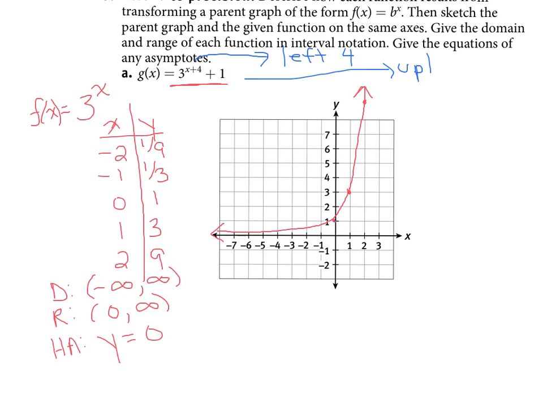So I'm starting here, 1, 2, 3, 4, and up 1. Left 4, 1, 2, 3, 4, and up 1. Even that one, but that would be off the screen. What else is going to be shifted up 1? Well, that would be our horizontal asymptote.